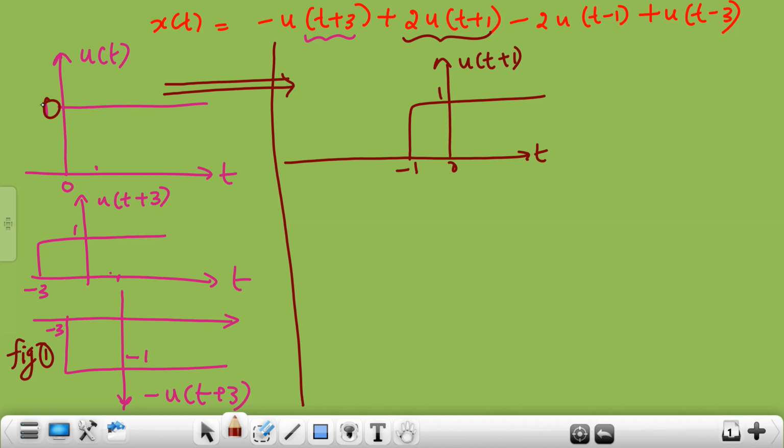Now, Supriya, you tell me what is the next step that I need to do. We need to multiply it with 2. Yes, very good. We need to multiply the amplitude by 2. So 1 into 2. This was the amplitude now. So 1 into 2 will become 2 only.